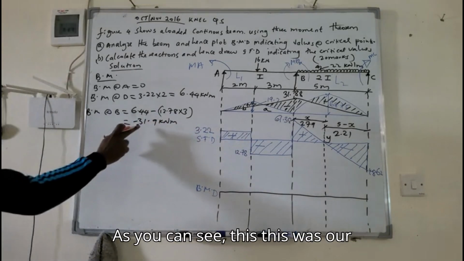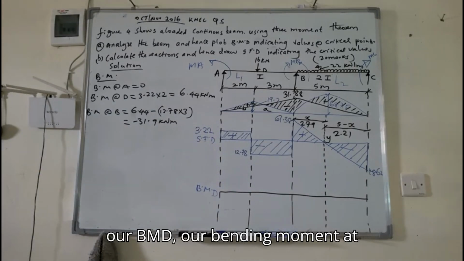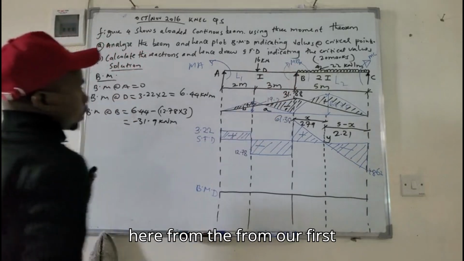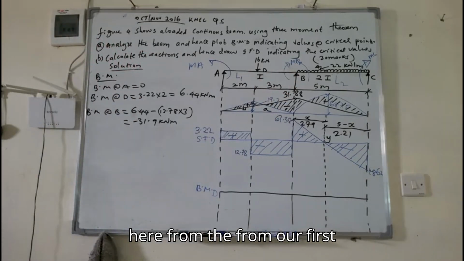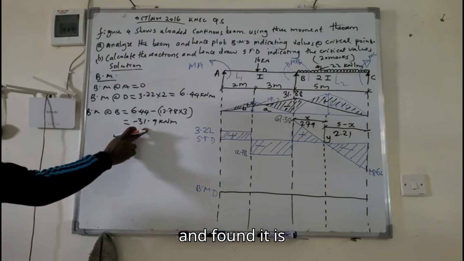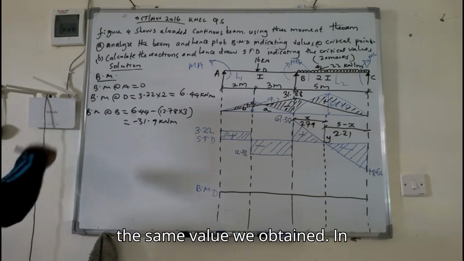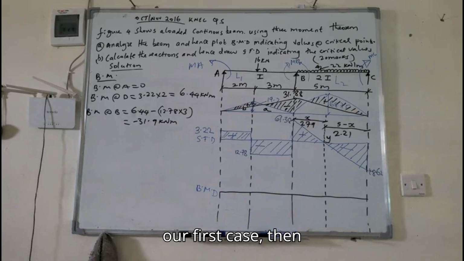As you can see, this was our BMD, our bending moment here from our first equation. So again, you have proved and found it is the same value we obtained in our first case.